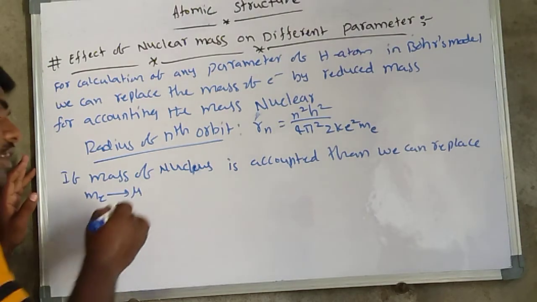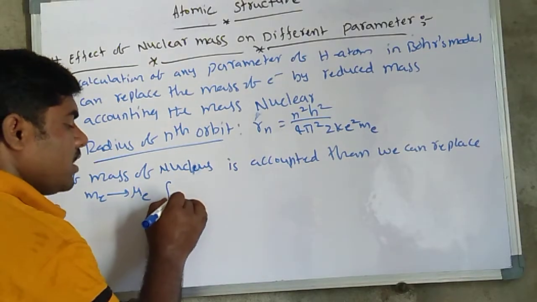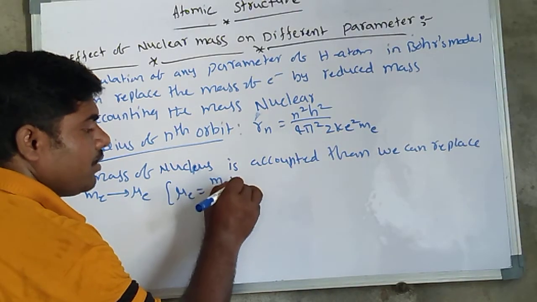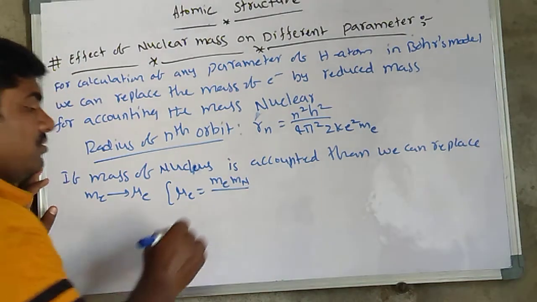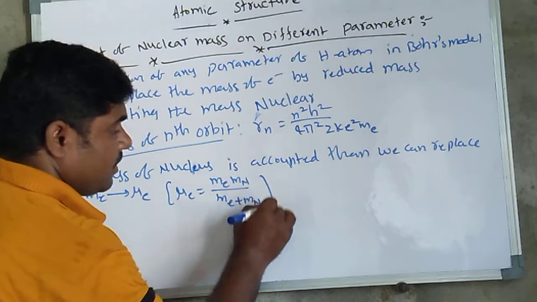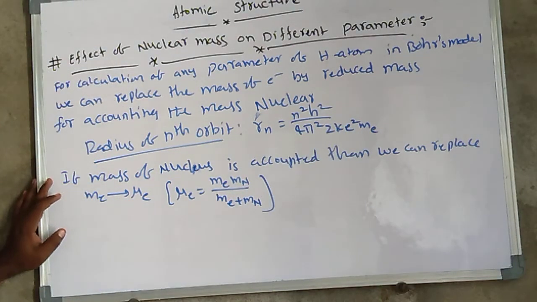Here mu is nothing but the reduced mass. This reduced mass is equal to, mu is equal to me into mn divided by me plus mn. This value you may substitute here, you will get the radius.